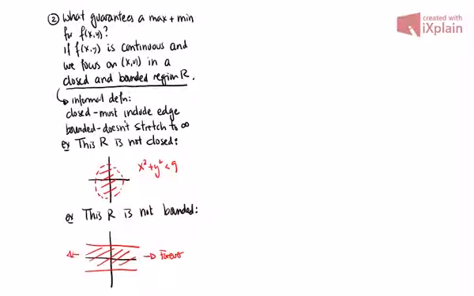This would be something like y is between, say, 3 and negative 3. So this next one is closed but not bounded. The one before that is bounded but not closed. So what we're going to do is stick with regions like the following.